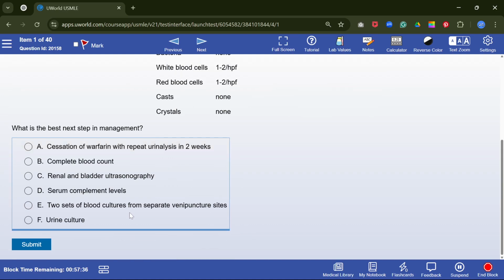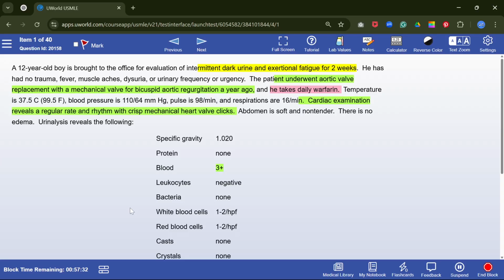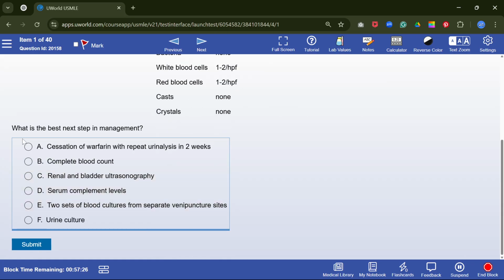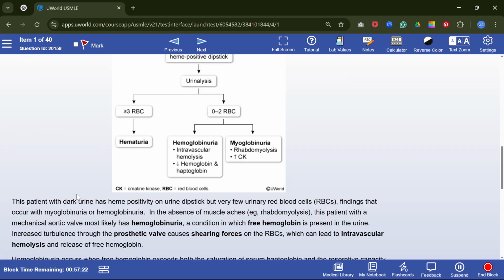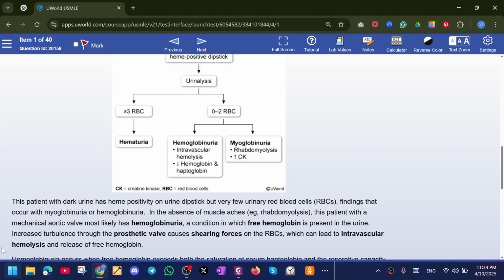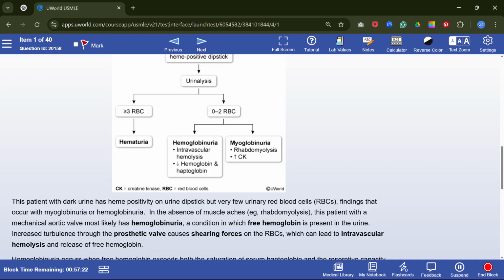Intermittent dark urine. I was thinking.